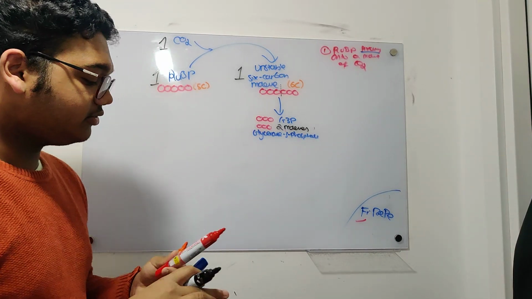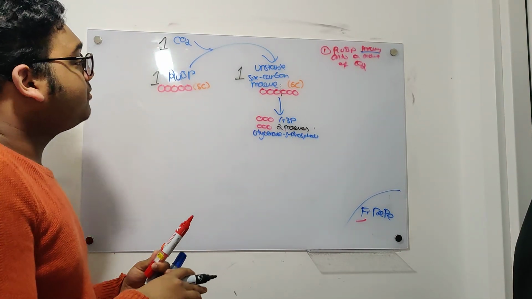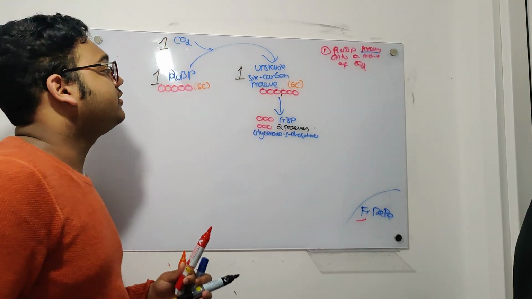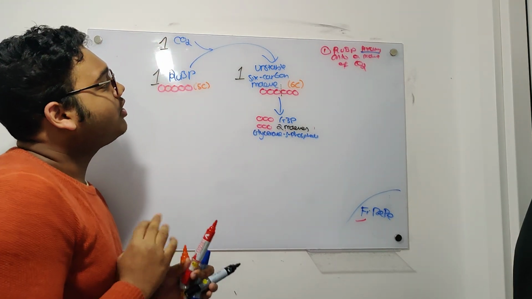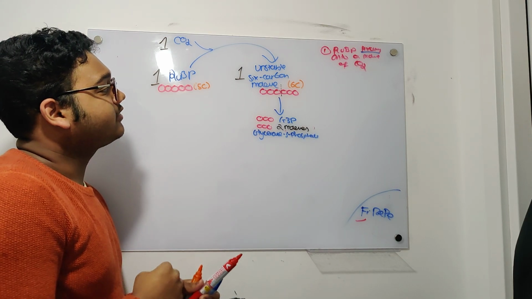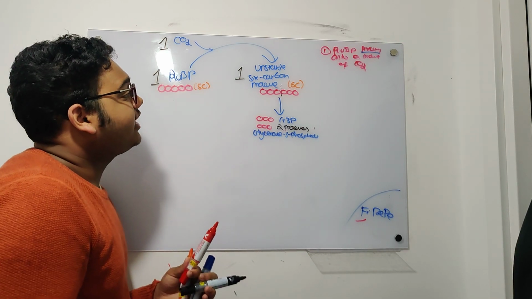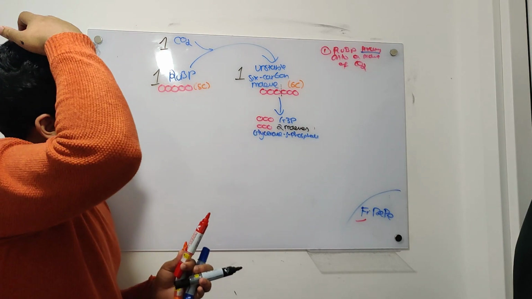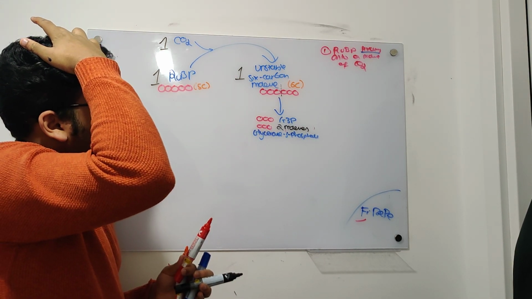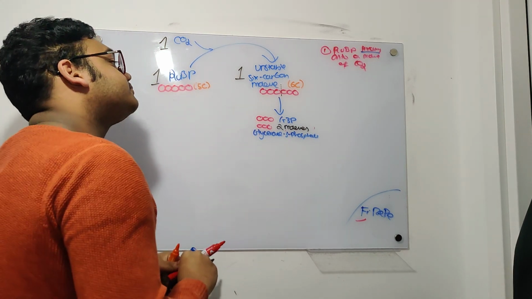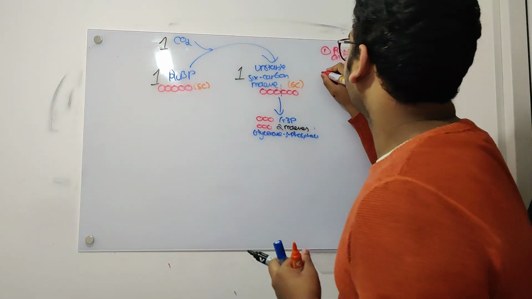So let's go through that one more time. The 1 molecule of RuBP fixes on to 1 molecule of carbon dioxide, forming 1 molecule of an unstable 6-carbon molecule. And as it's so unstable, it will break down into 2 molecules of G3P, or glycerate 3-phosphate. So I'm going to write that down over there.